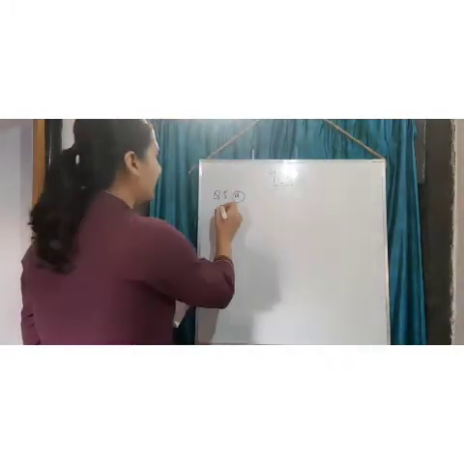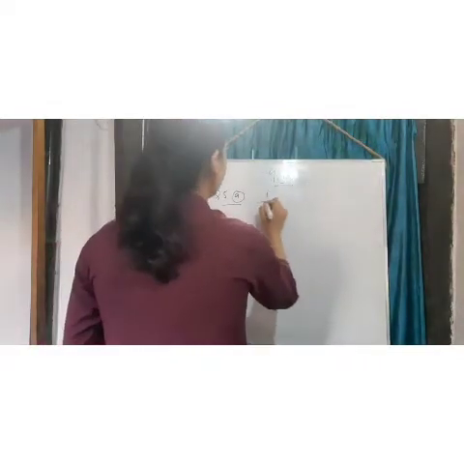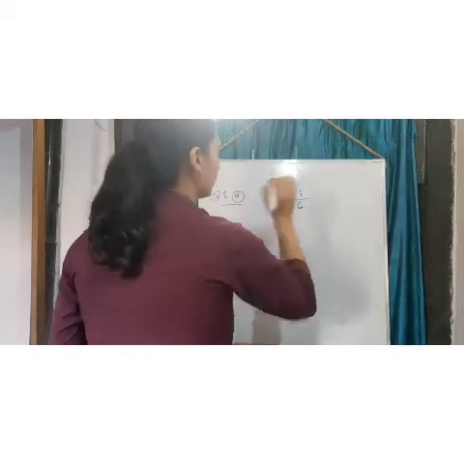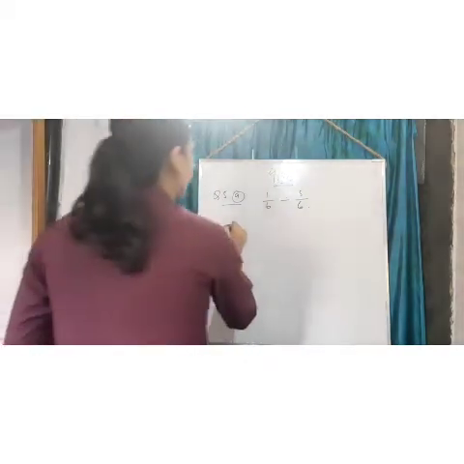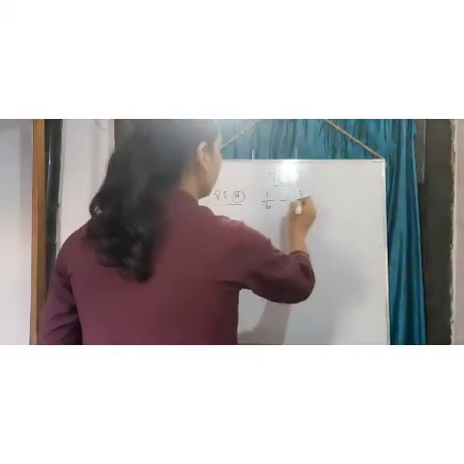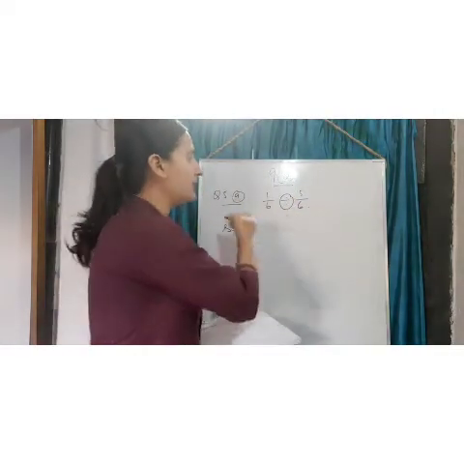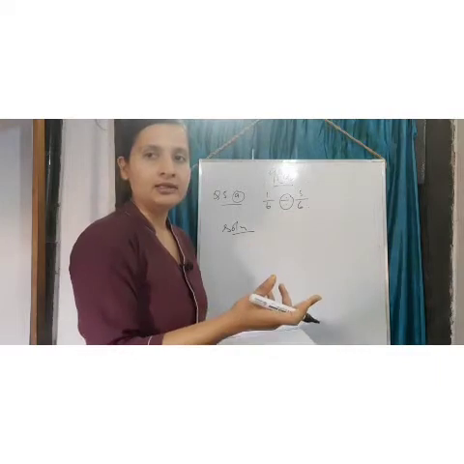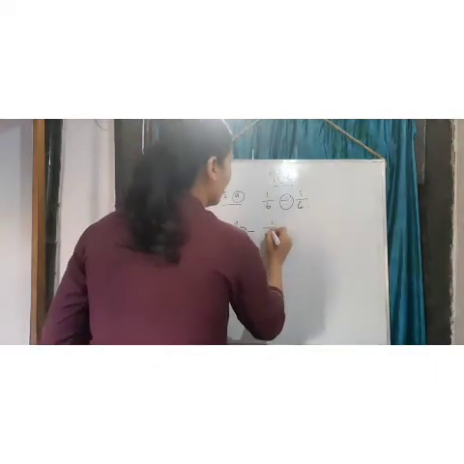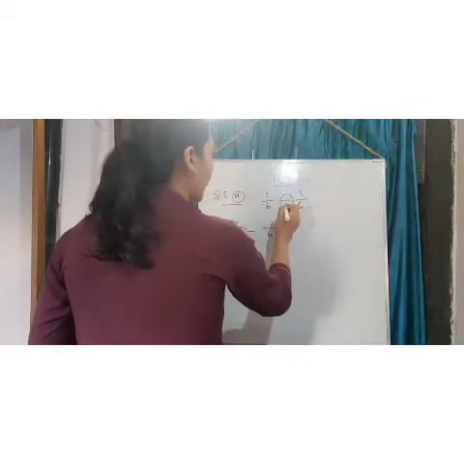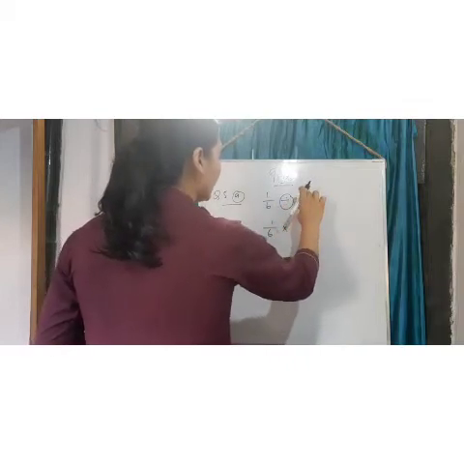So 5a, let us do 5a. It is 1 by 6 divided by 5 by 6. Whenever the division is there, we should change this sign into multiplication. So we shall do 1 by 6 into, and when we change the sign, this will get reversed.